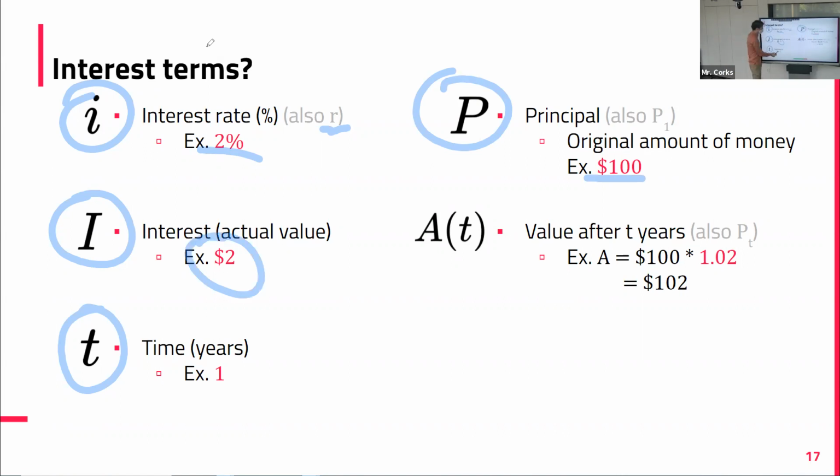And if we're thinking after 1 year, then the final value, the total value of that thing, we would calculate like this: 1.02, and we get our value. So the original amount of money plus the interest gives us the interest dollar value. We'll have the actual formal formulas for this in a moment, but these are the different parts that we will need.